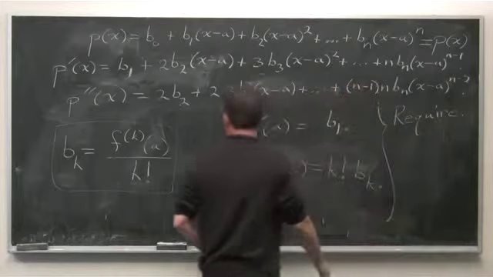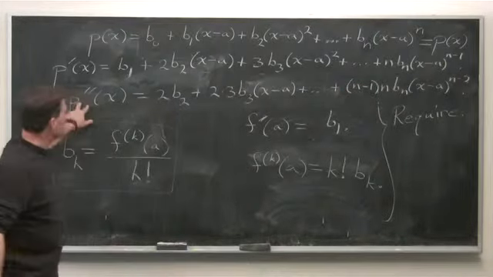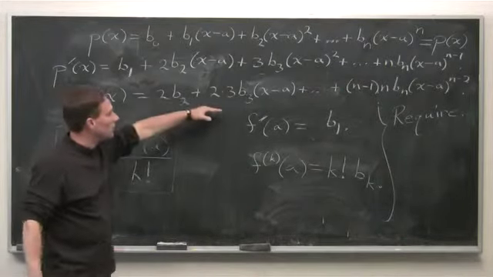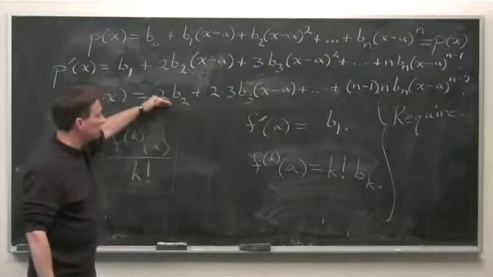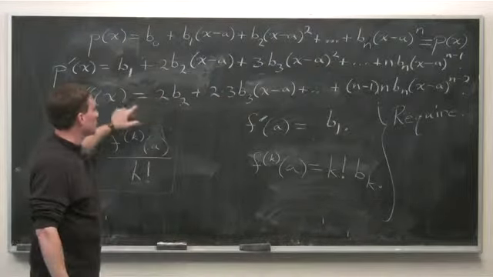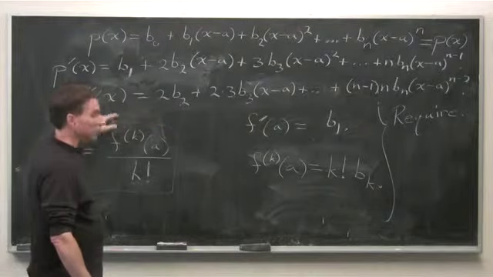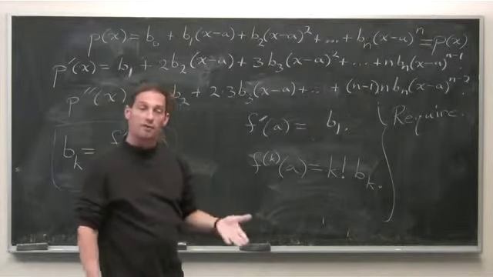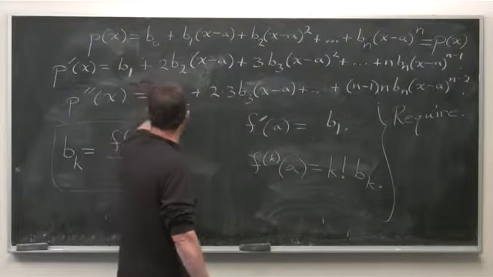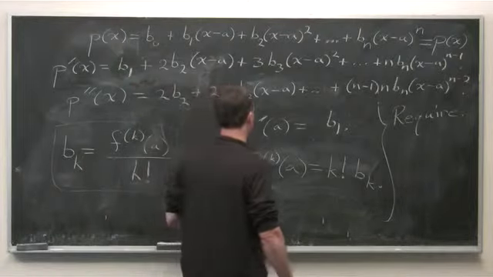And now you plug in that x is a, and so you get p double prime of a is, all the powers of x minus a are 0, so it's 2b2. So yes, p double prime of a is 2b2, but we want p double prime of a to equal f double prime at a.